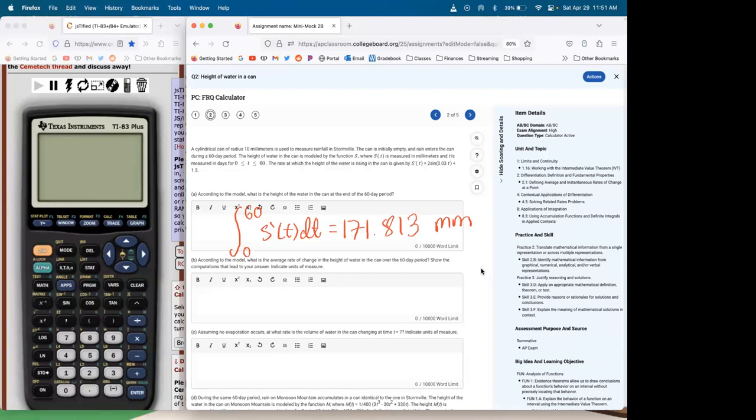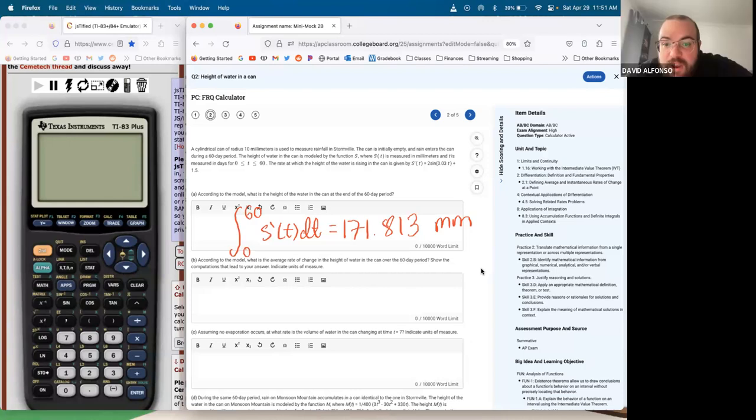The rate of change of the height. Right, they're giving us S prime. So this is the net change theorem. This would basically be S of 60 minus S of 0. So this is the height at 60 days minus the height initially. That's the change in height. So that's the net change theorem.